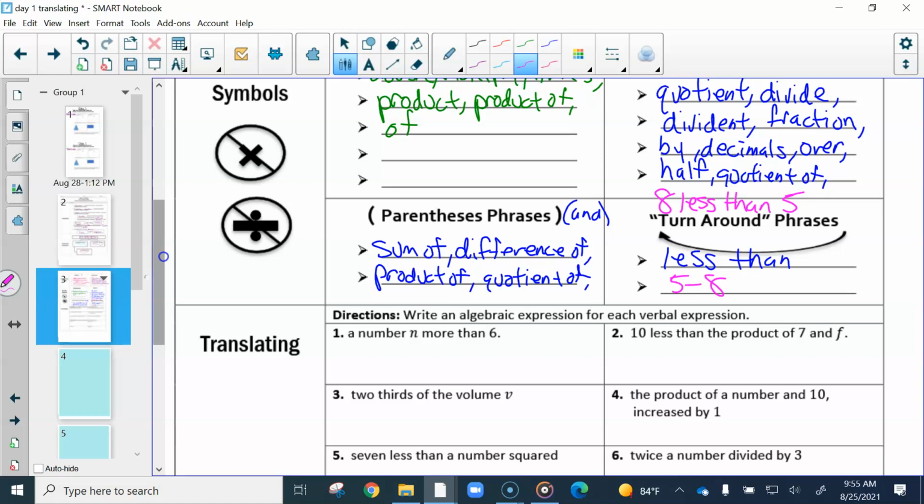Every time we see less than, whatever comes first goes to the back. This doesn't happen as often, but they'll use just the word less to confuse you; that's not a turnaround phrase, that is just subtraction. And then they'll use subtract it from, and that one you just have to be careful.